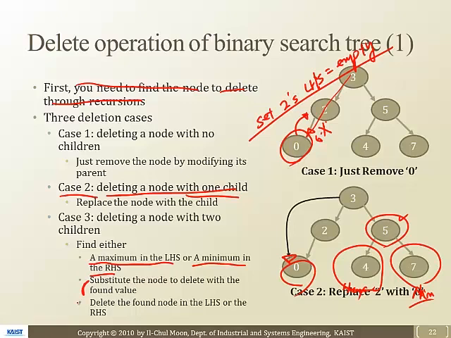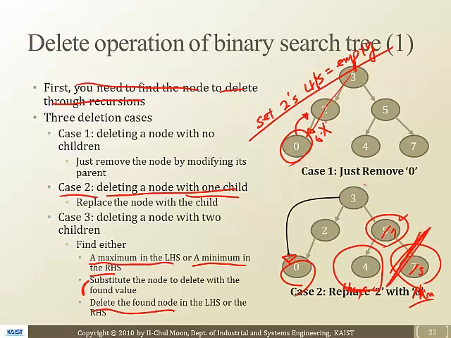So we just swap it. For example, if we swap with the minimum of the right-hand side, which is 7 here, we swap the values 7 and 5. Then we delete the found node, the 5.